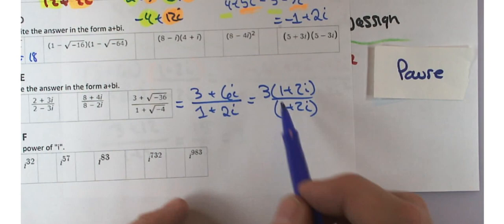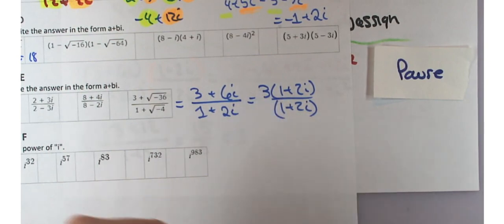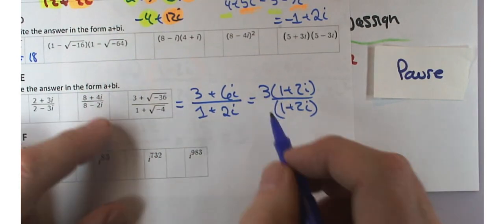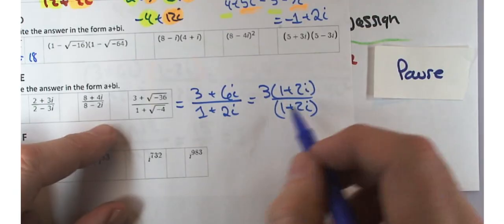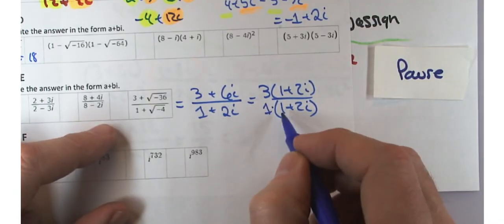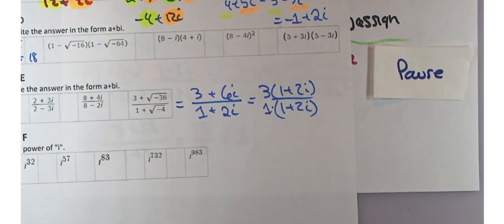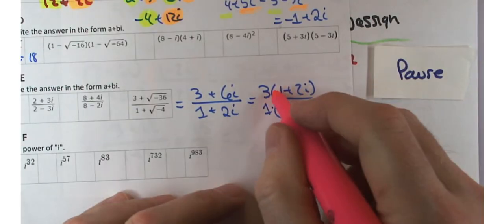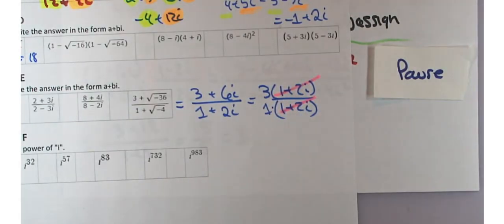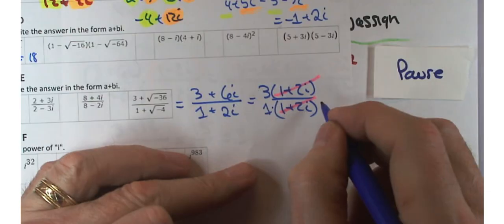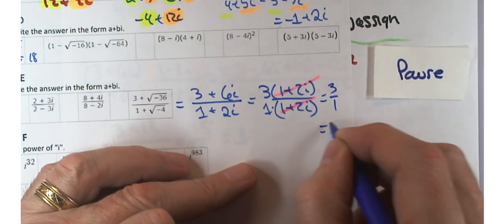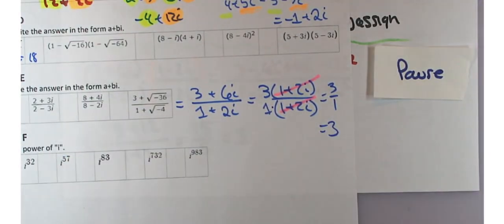But once I factor out the GCF, now I've got this times this in the numerator and a 1 times this in the denominator. Basically, I can cancel this out. I'm just left with 3 over 1, which of course is 3. So nice. It's kind of a nice one there.